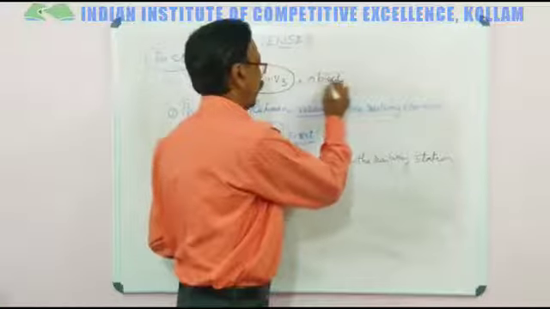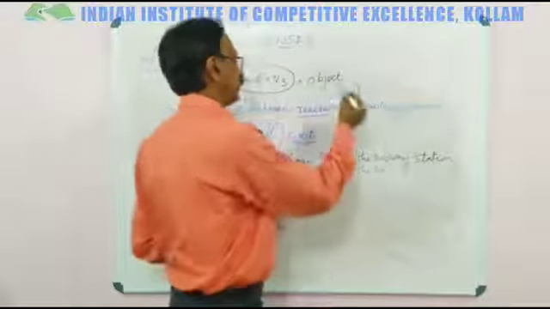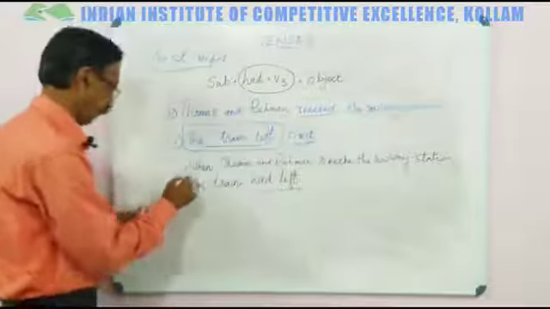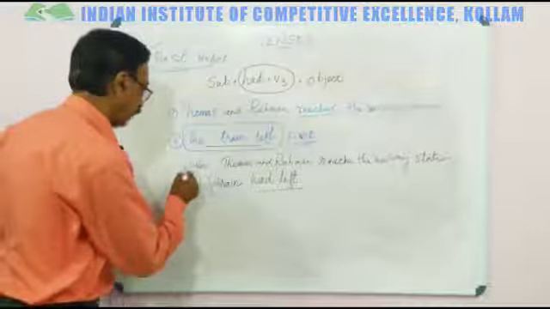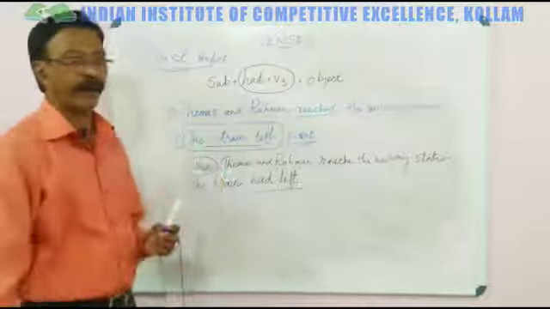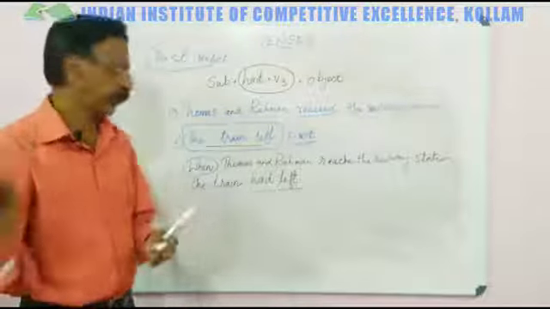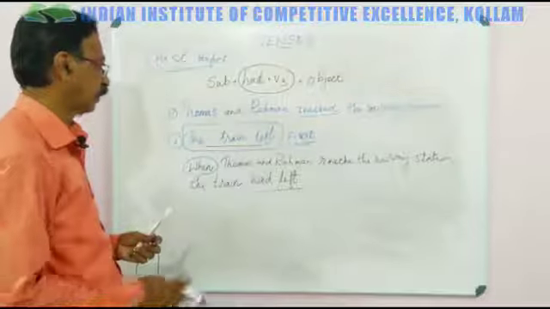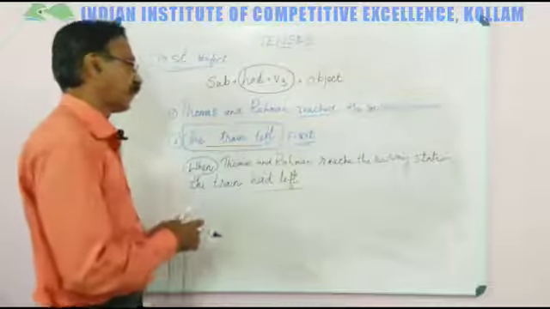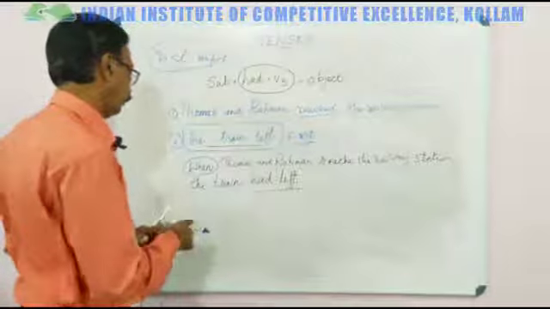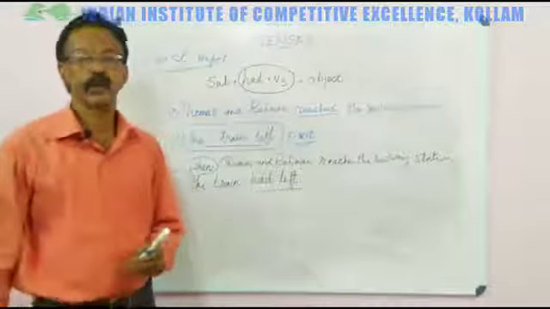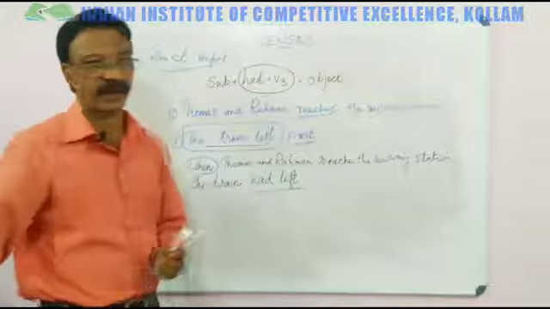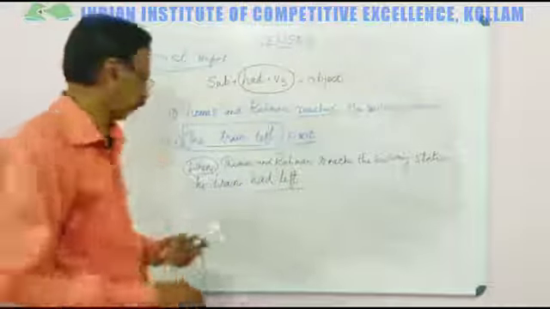Have to relate it or link it with conjunction. Here we related these both actions with when or before. You can use before. Thomas and Rahman reached the railway station. The train had left before Thomas and Rahman reached the railway station.